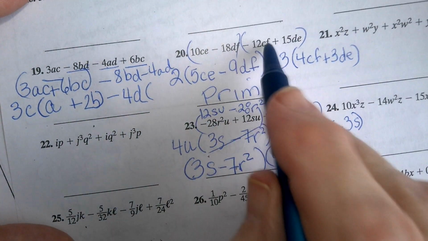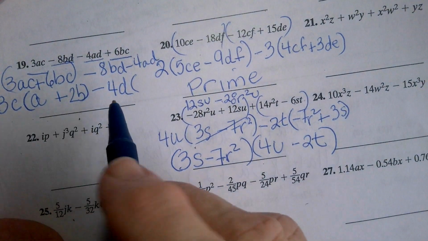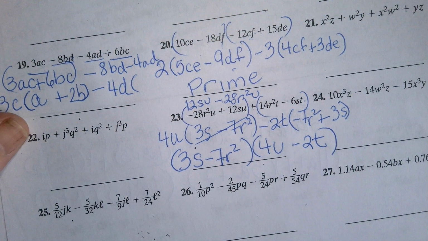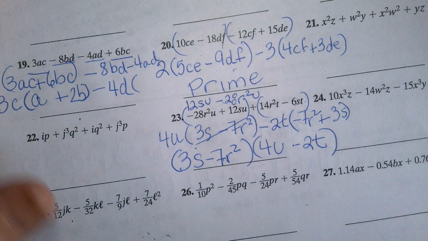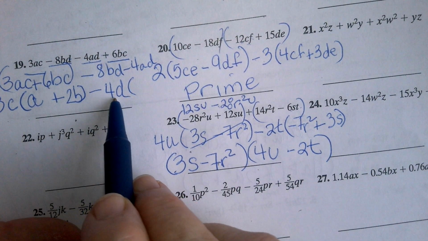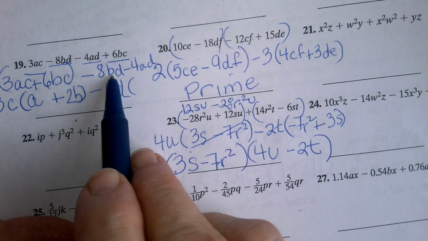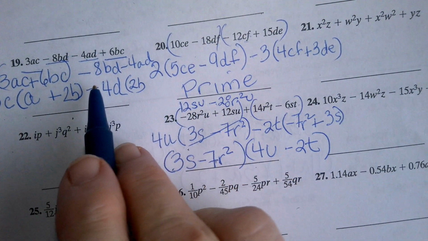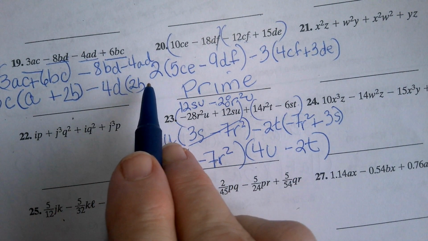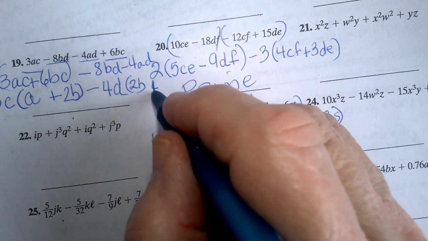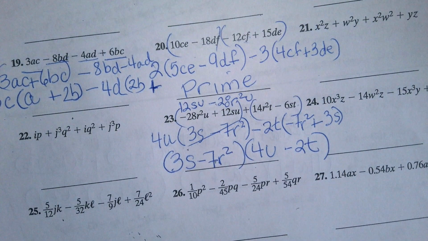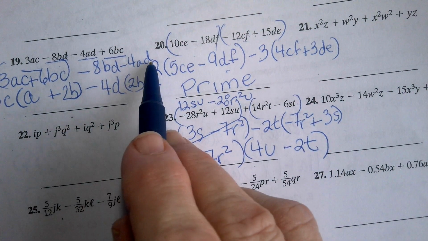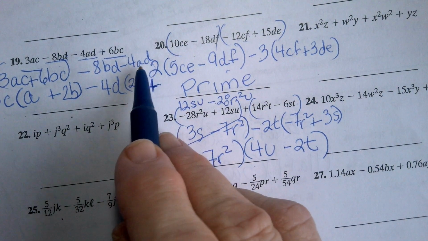And I have a feeling this one has to be done the same. And then we probably should have had paper, and people, I am out of paper. All right. And this one, if I pull out 4D, I'm left with, looks like 2B. And then negative times a positive would give me that negative. And if I pull out a 4D, what's the only thing I'm left with?